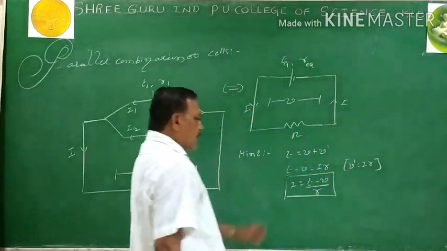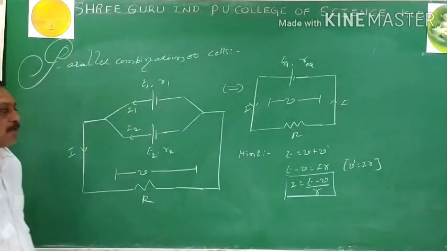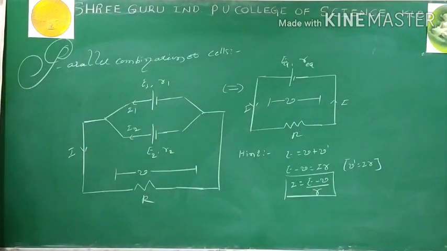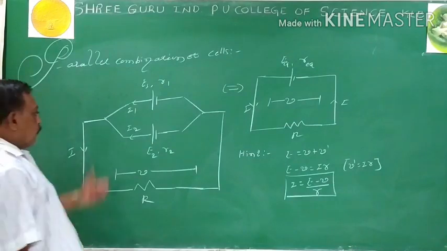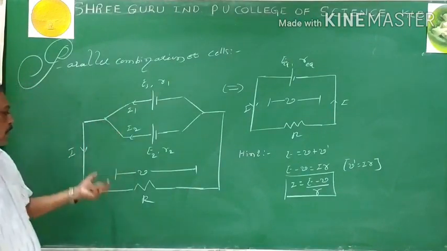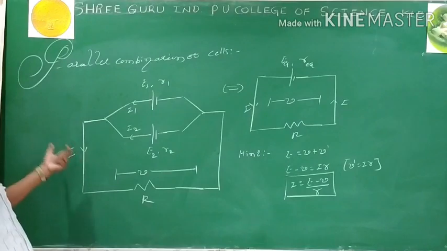Is it clear? If it is clear, the derivation ends. Now this is our basic thing for the derivation. So if it is clear, let me go for the next step. Is it clear? Then I go for the first derivation step. Set the equation for the divided thing. What is divided in the circuit?